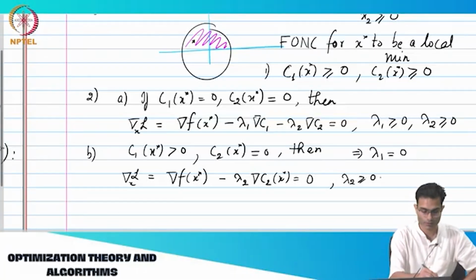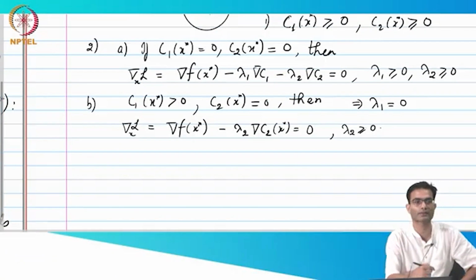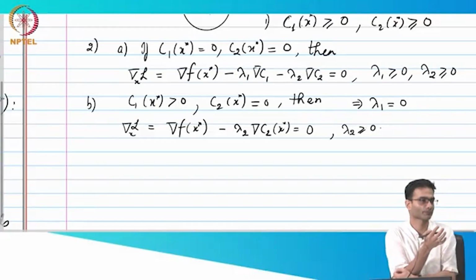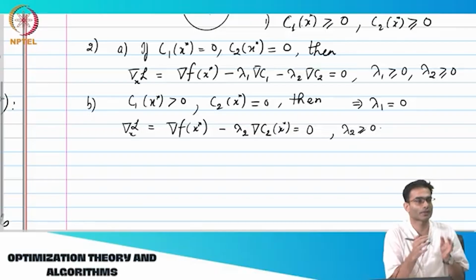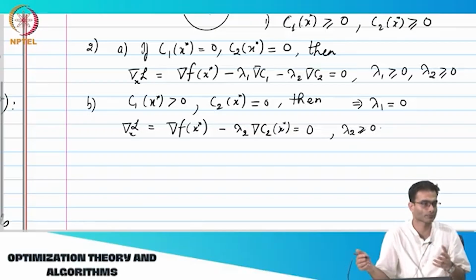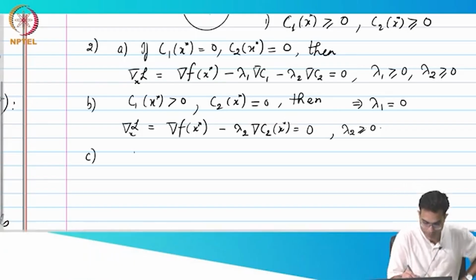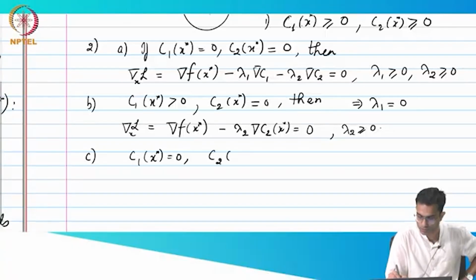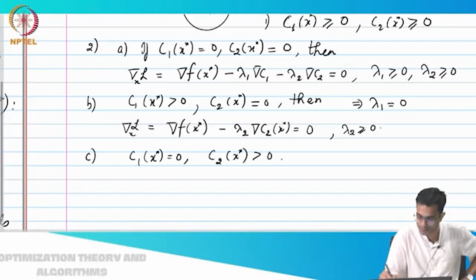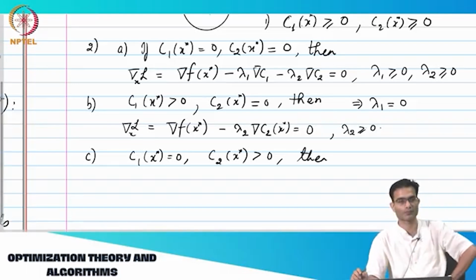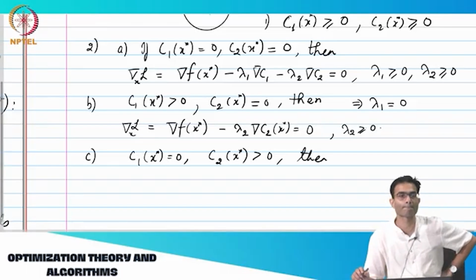So I'm giving you practice in inferring how to use this theorem. What are the various conditions that this theorem tells me to check for? So that's why I'm going step by step over here. Condition C is the symmetric one. C1 x star equal to 0, C2 x star is greater than or equal to 0. Then which of the lambdas will go to 0?